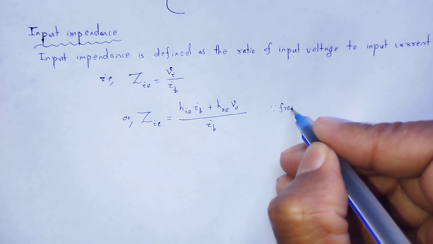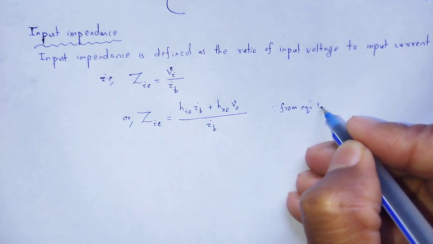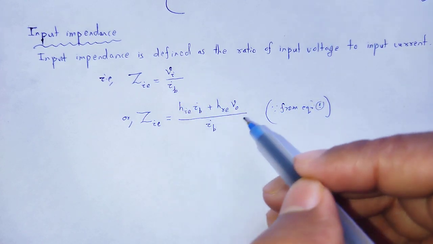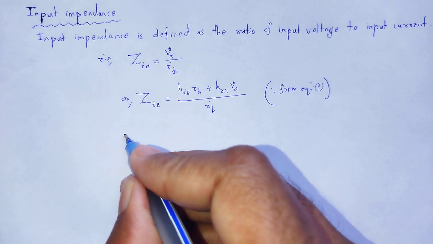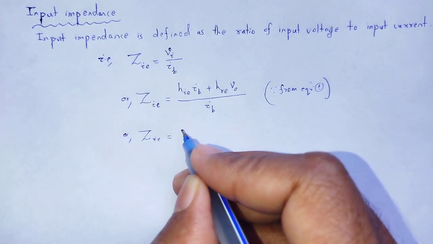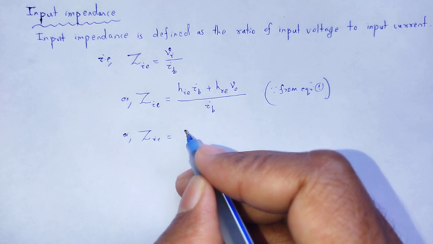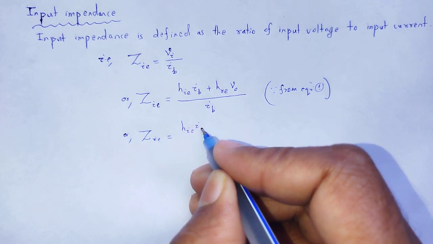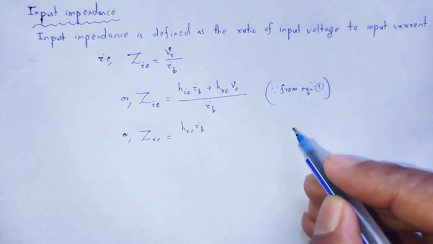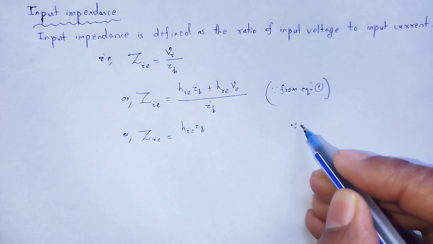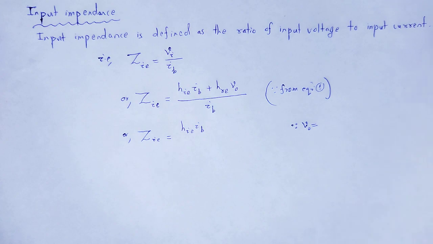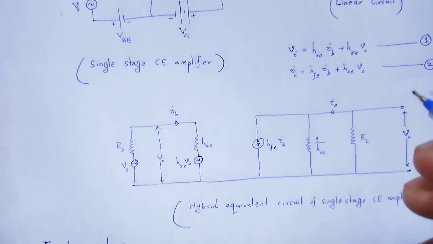From equation number 1, the value of VI is put. Next, ZIE is equal to HIE IB plus HRE VO divided by IB. Here output voltage VO is equal to current into resistance.